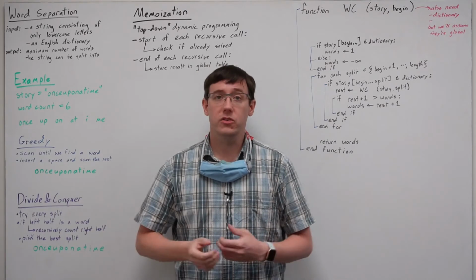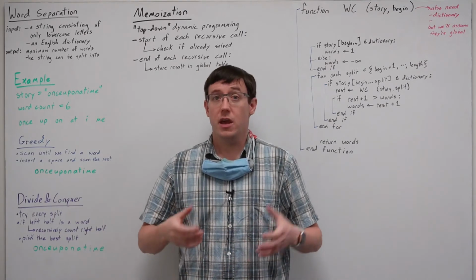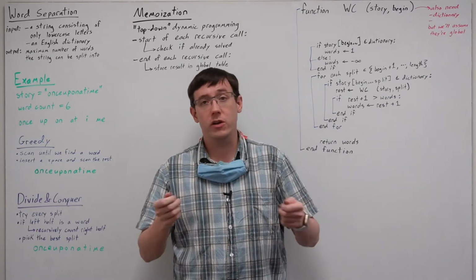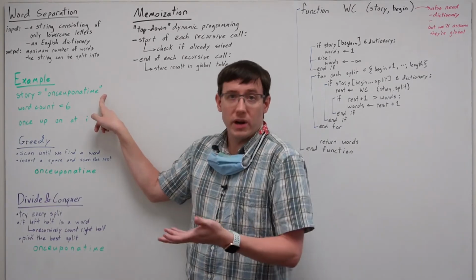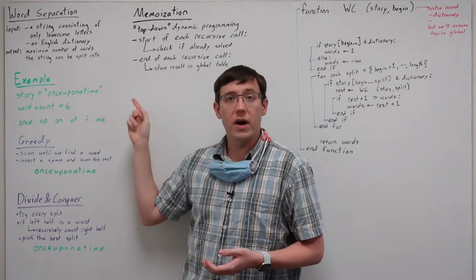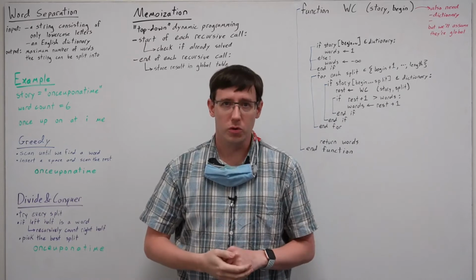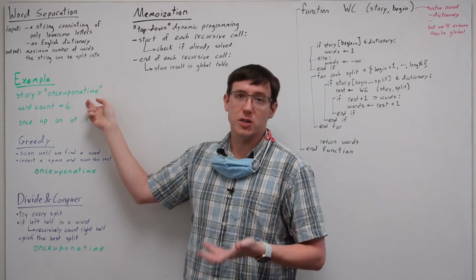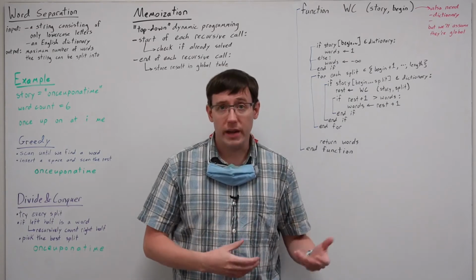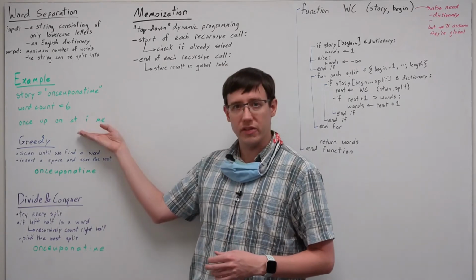And our goal is to determine the maximum number of valid English words that the string could be split into. So for example, if the input string were "onceuponatime" with the spaces removed, the maximum possible word count would be 6, because we can split that string into 6 words like this.